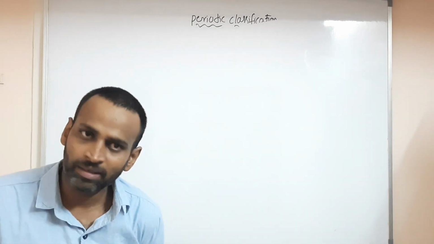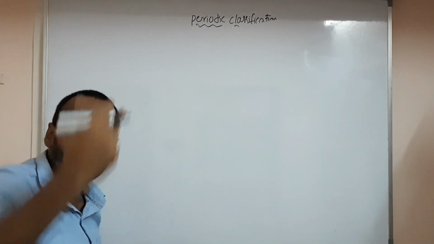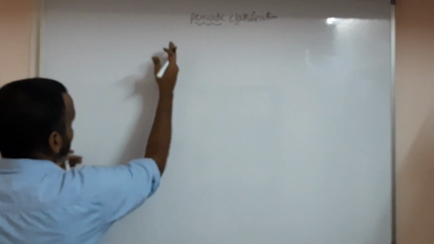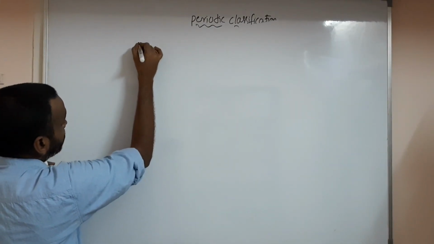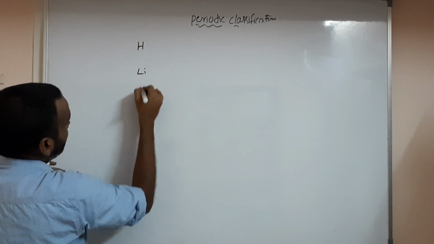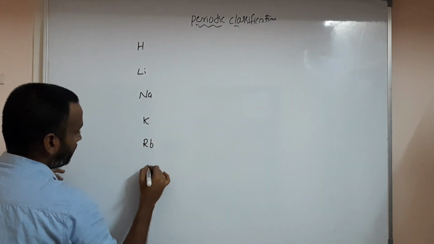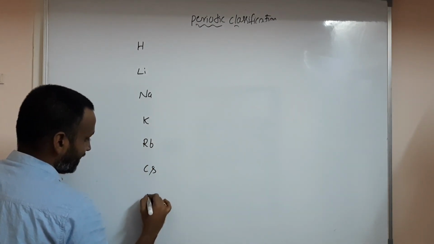So many times I told you how to get atomic numbers without by-hearting. On the left side you have hydrogen, lithium, sodium, potassium, rubidium, cesium and francium.